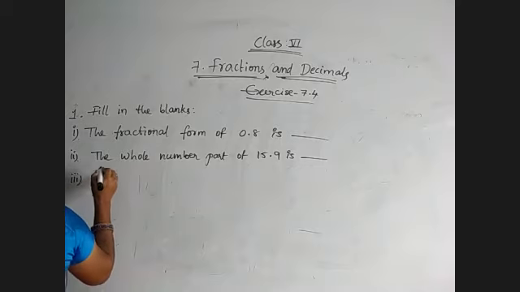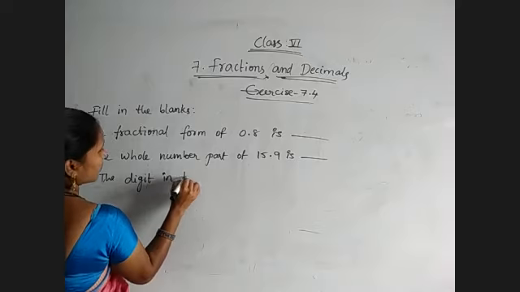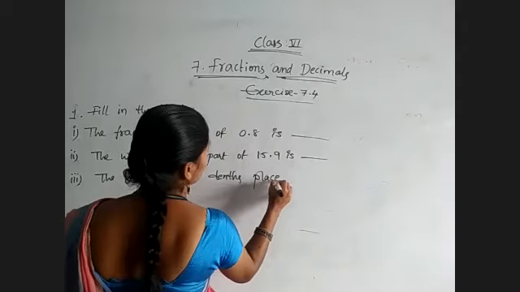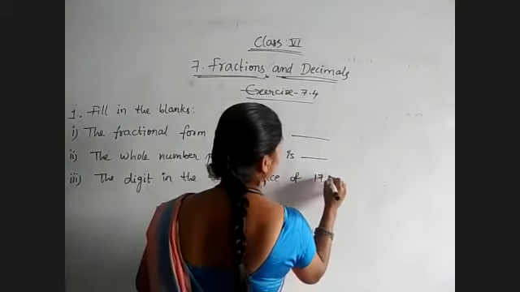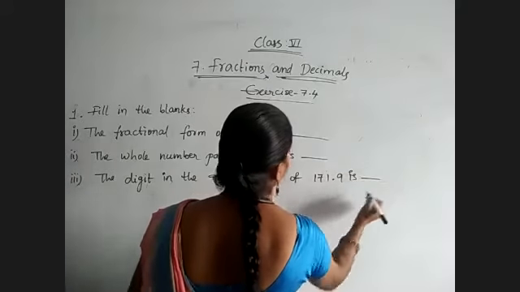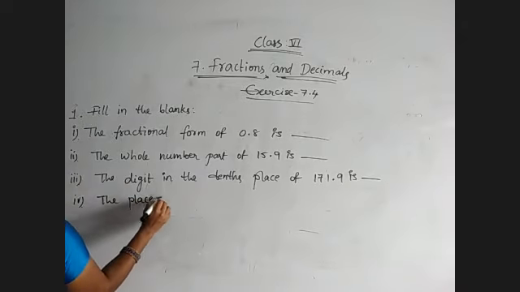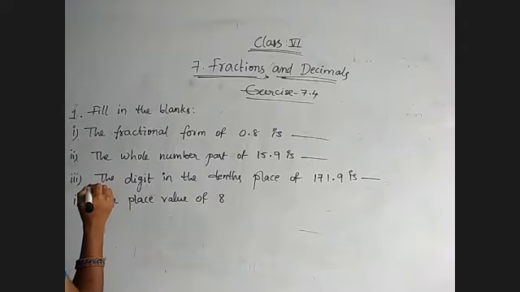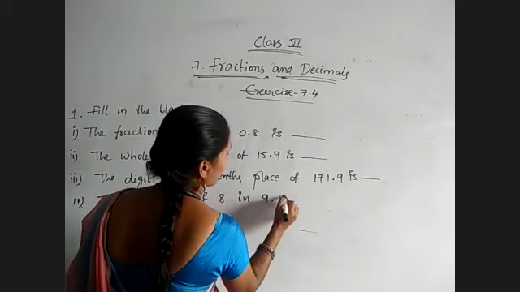The digit in the tens place of the number 171.9 is dash. The place value of 8 in 9.8 is dash.